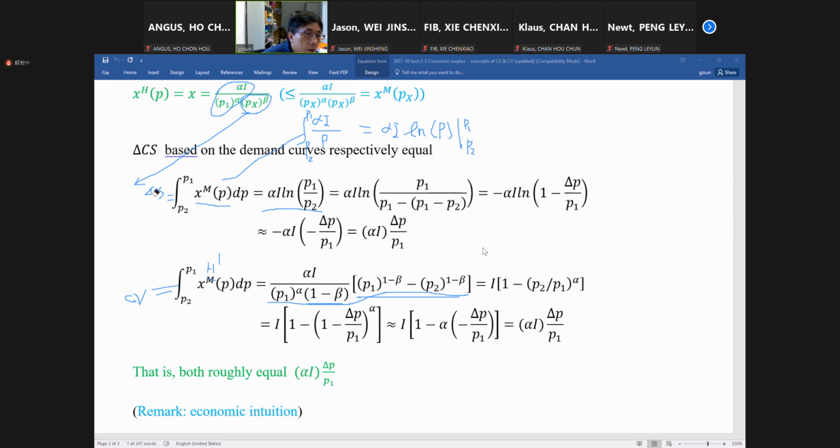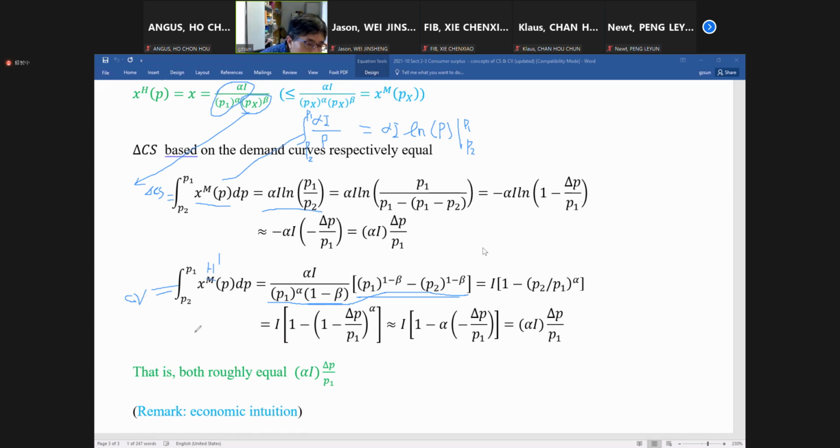Okay, this is the change in consumer surplus. This is the CV. We want to compare the two numbers. We want to show, and intuitively, this number should be bigger than this number because this curve is on the right of this curve. So therefore, we have a sort of gap between the two curves, so between the two numbers. But now we will show that the gap is pretty small, actually.